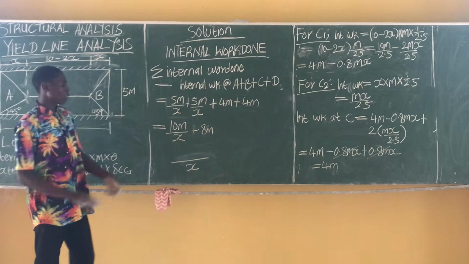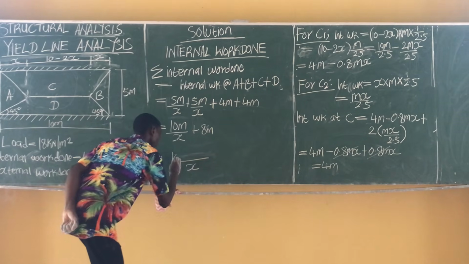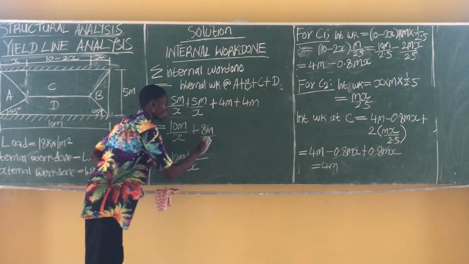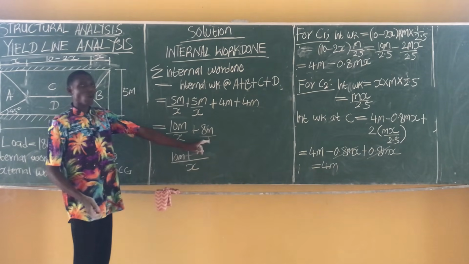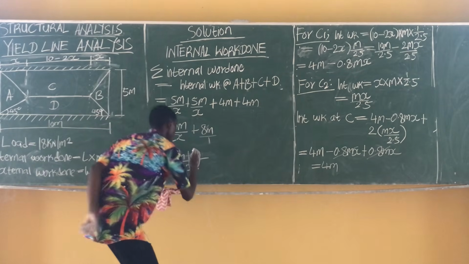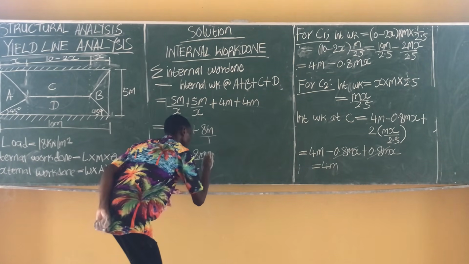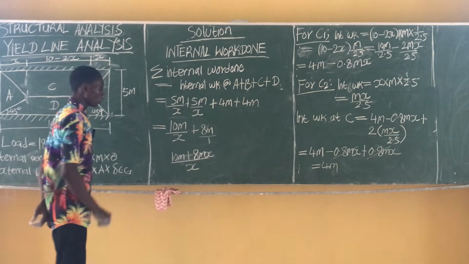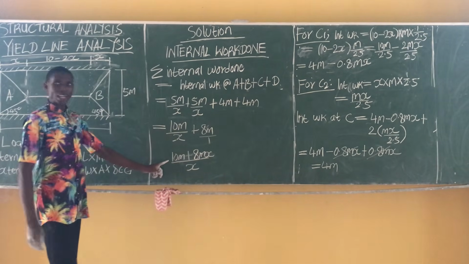So x divided by this is 1. 1 times 10 gives us 10m, plus, x divided by 1 is x. x times 8m is 8mx. At this point, we can factor out our m.